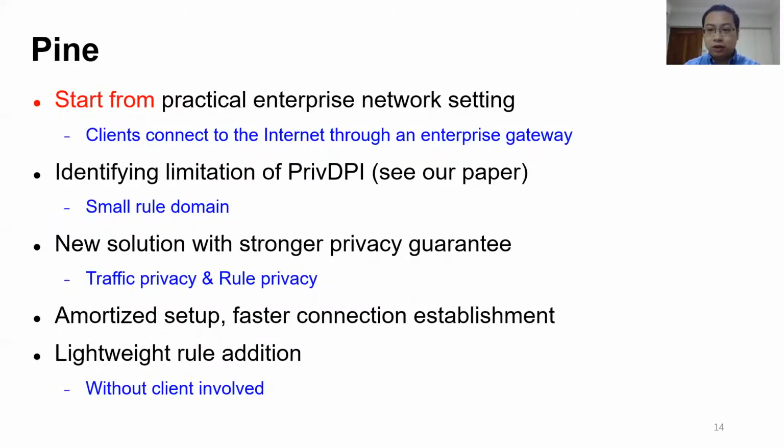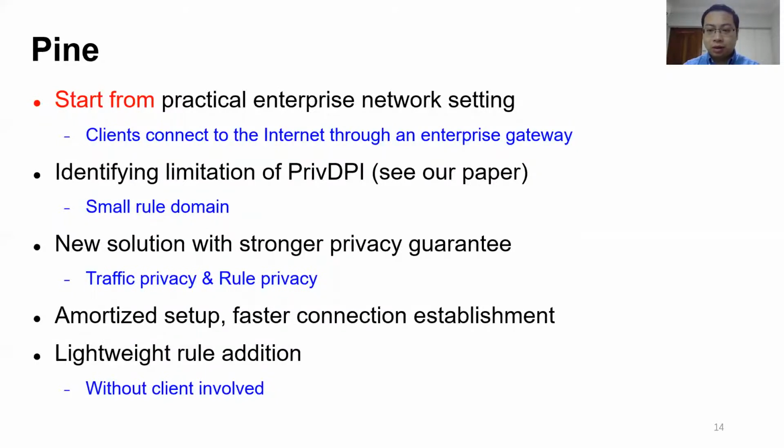We first revisit PrivDPI and demonstrate that when the root domain is small, the Middlebox in PrivDPI could forge new encrypted rules that give the Middlebox the ability to detect the encrypted traffic without any encrypted rules having been generated. More details can be found in our paper. In addition to providing the privacy of traffic, privacy of rules is assured against the Middlebox.